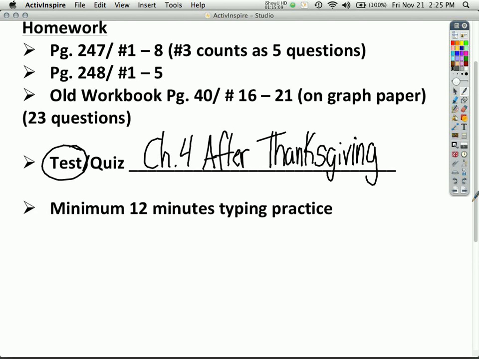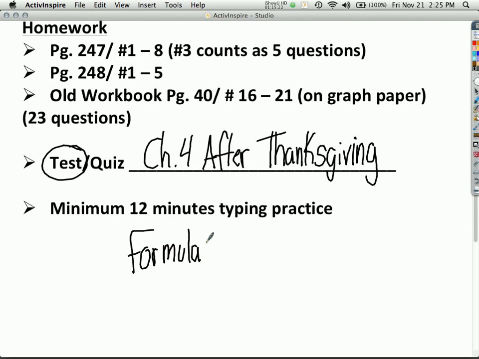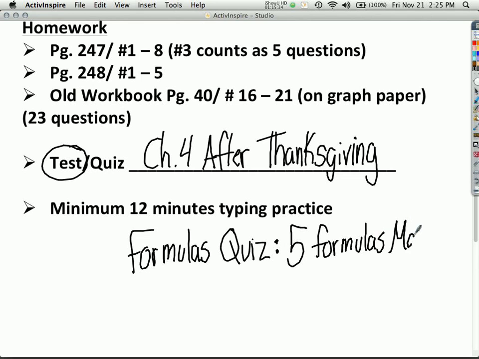You're going to have an assessment quickly on Monday during checkpoint. When you come in, you're going to have a 1-minute quiz, a formulas quiz. You need to know your formulas, and there are 5 of them for Monday.